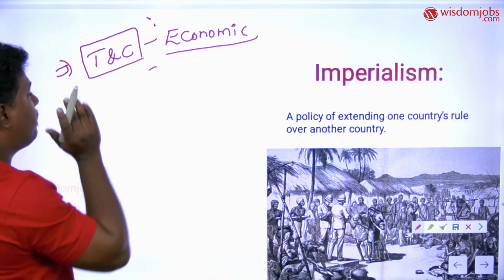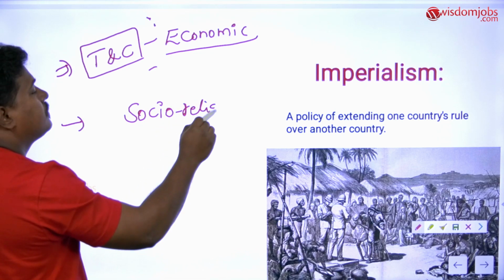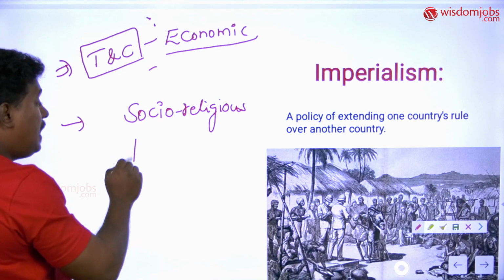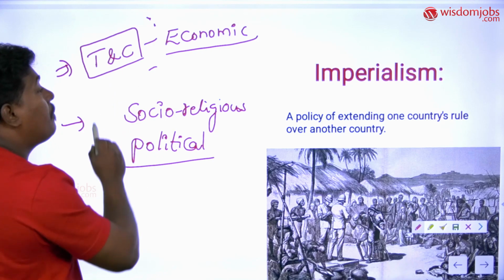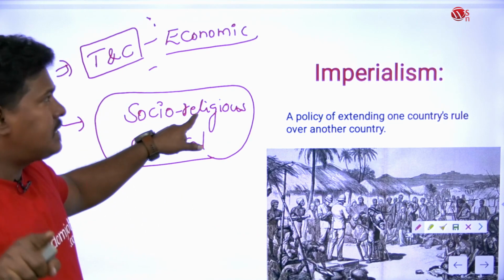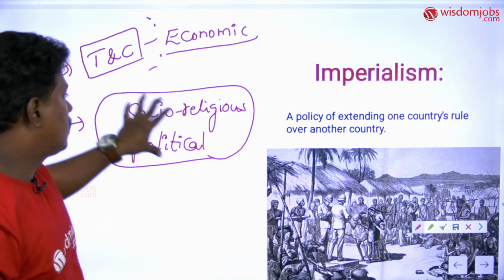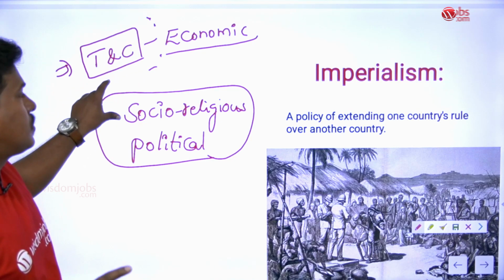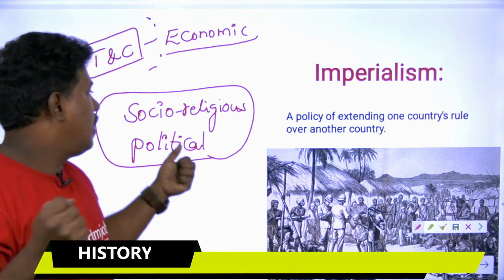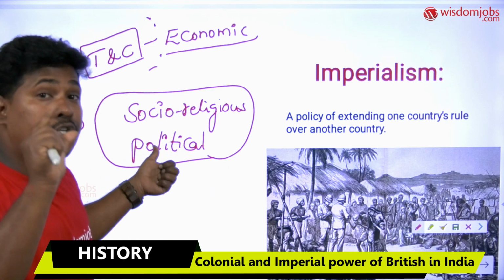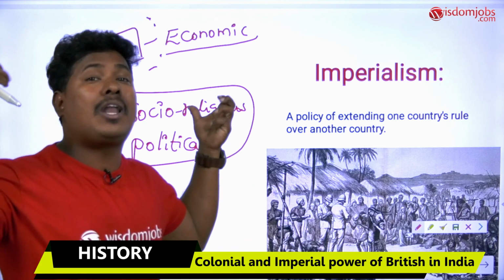is not only this economic aspect but also socio-religious, mainly political and territorial domination over another country. So colonialism is exclusively associated with the economy, but imperialism is not only the economy but the domination of a stronger country over a weaker country: socio-religious and political domination, and one more thing, territorial domination.